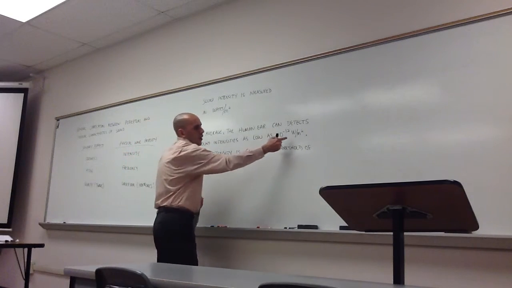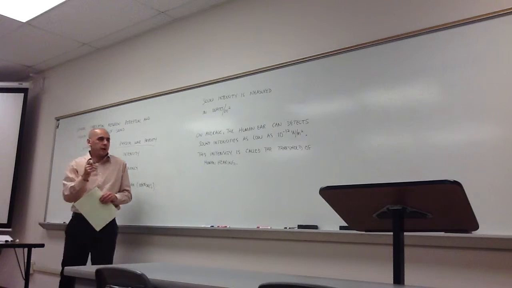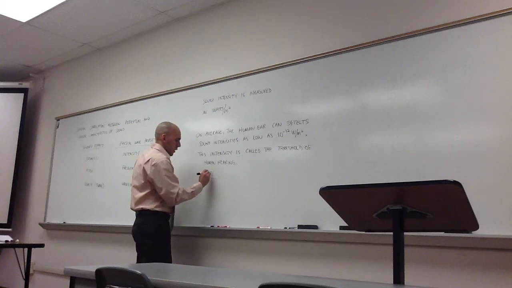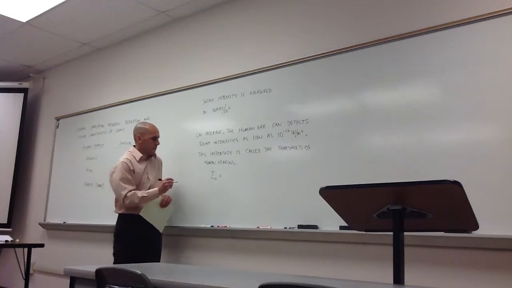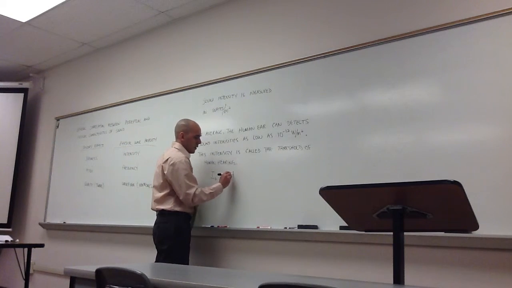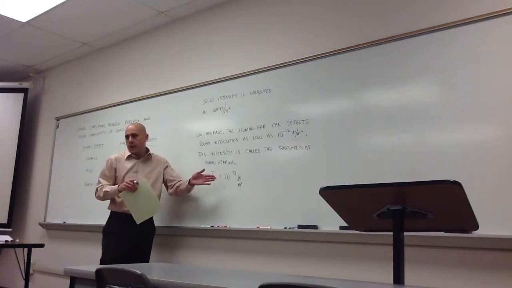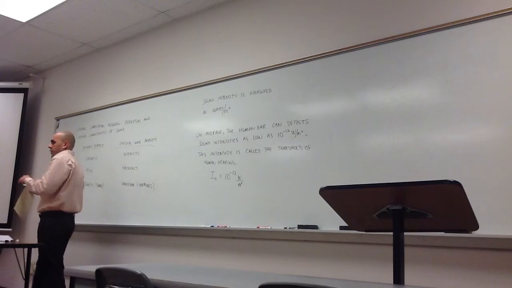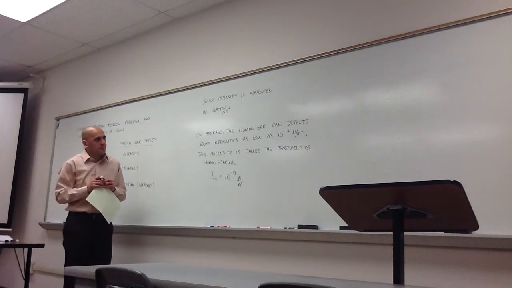This value right here, the 10 to the minus 12 watts per square meter, we use a variable for this and call it I naught. And it's 10 to the minus 12 watts per square meter. But it will be written down for you in that form, just like that, either on the board or on the front page of the exam or something, but you'll have that number.